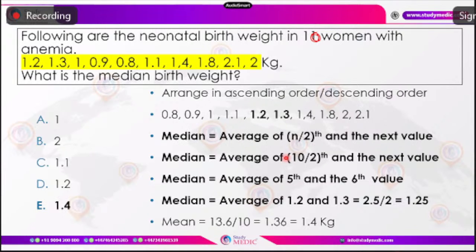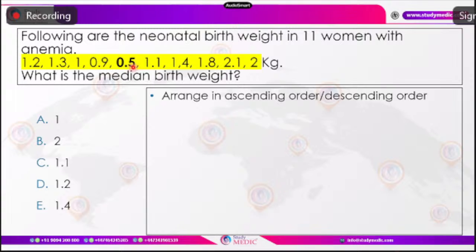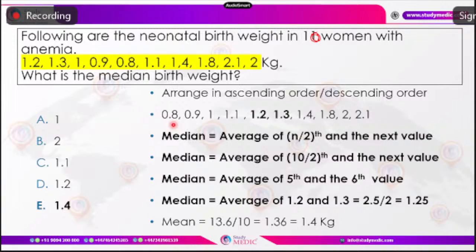Now, if we take the same sample, but this time a low birth weight of 0.5 is recruited in the sample from the same population, let us see what will happen to the median. Is it affected? We arranged that in ascending order. The low birth weight was 0.8 kg in the previous example.